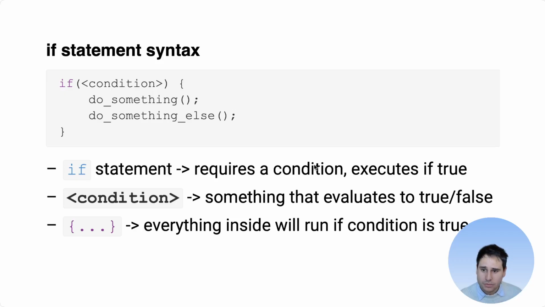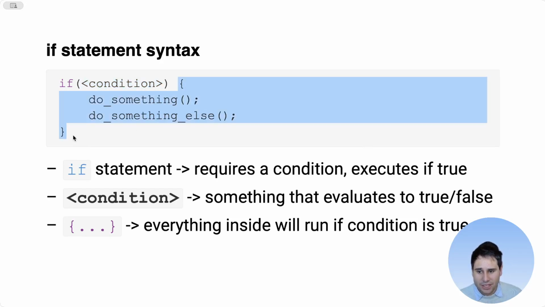So here's the syntax for how we write an if statement. We just use the keyword if, so we type if into our source code, open a bracket, a normal bracket, not a curly bracket, and we have a condition. We're going to talk more about conditions later, but this is the syntactical version of our yes or no question, something that evaluates to true or false.